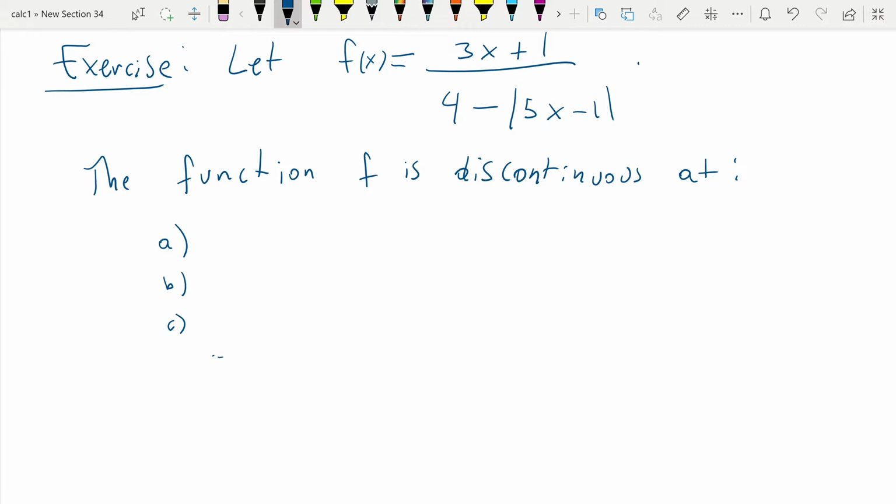Only one, none of the above, or all of them. Whatever, there are many combinations.